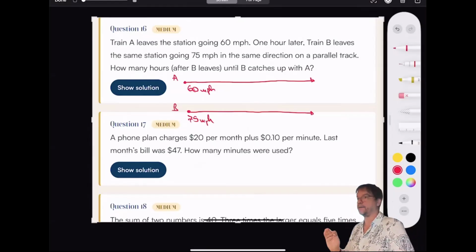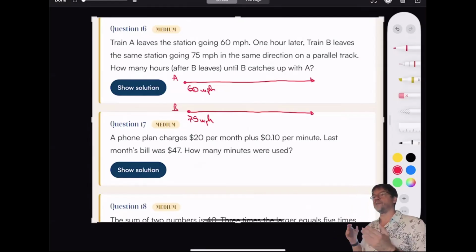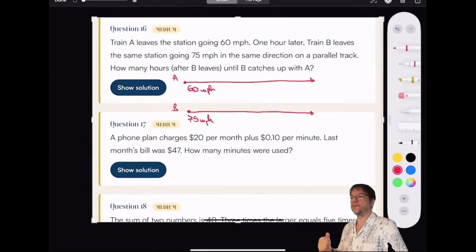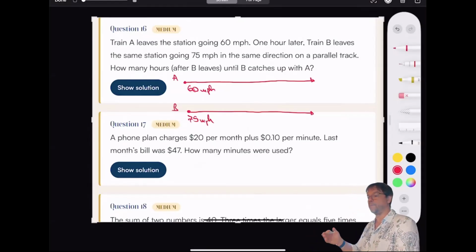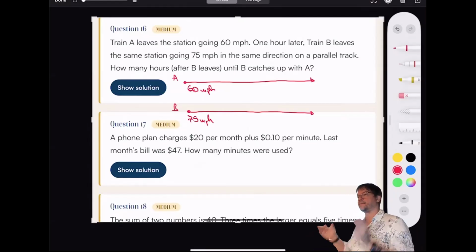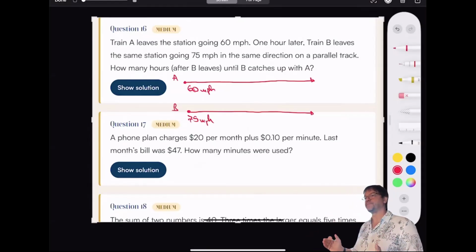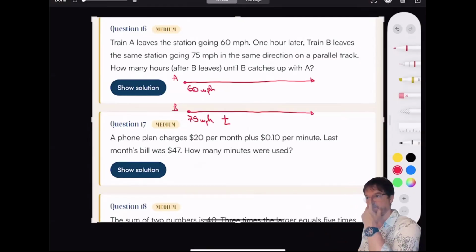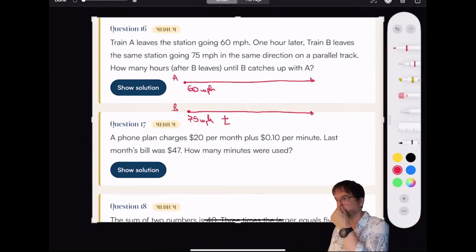Here's the thing. I have a whole chapter, as I said, and I have a technique. I don't know how much time each one stays traveling until B passes A. But I will attribute that the time that B stays traveling is T. I don't know how much T is.